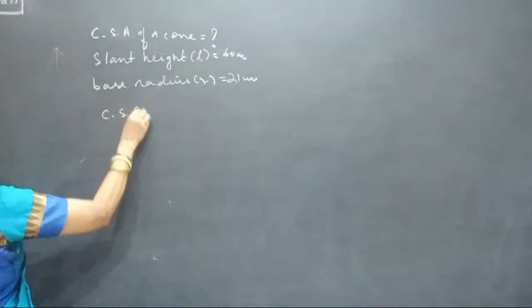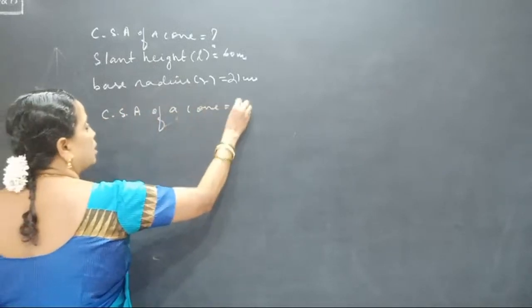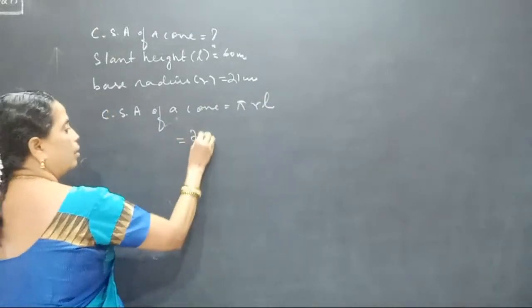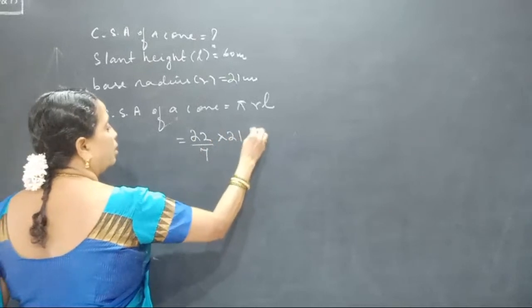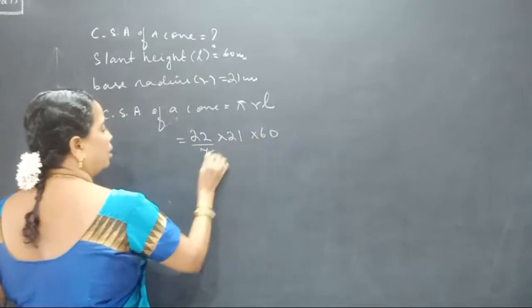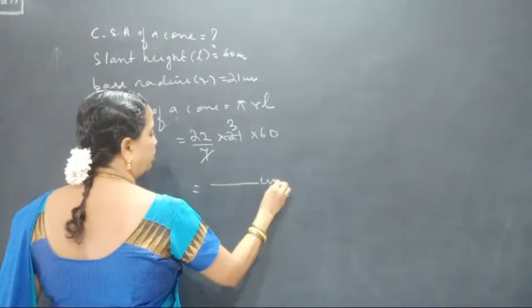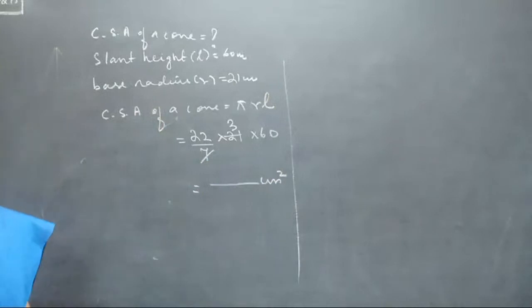Curved surface area of a cone equals pi R L, that is 22 upon 7, 21 into 60. Cancel this, get the product, keep the answer in centimeter square.